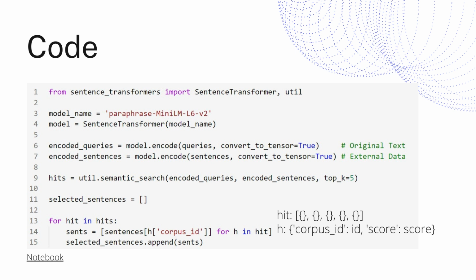So we pass in a list comprehension. We iterate over hit, that is this list of dictionaries, and get the corpus ID, which gives us the index, and we get the sentence. At the end, we append these sentences to the selected sentences list. I have linked the corresponding notebook below.